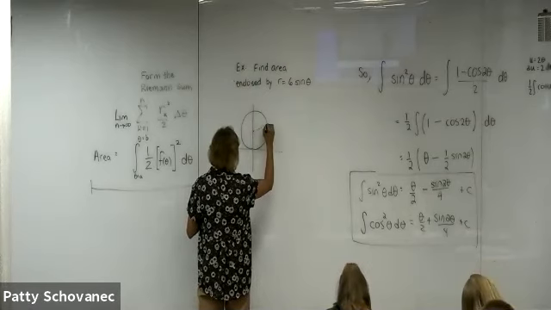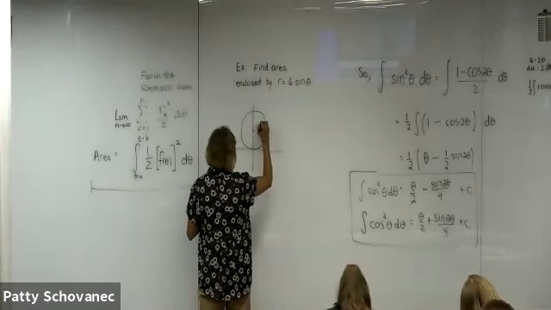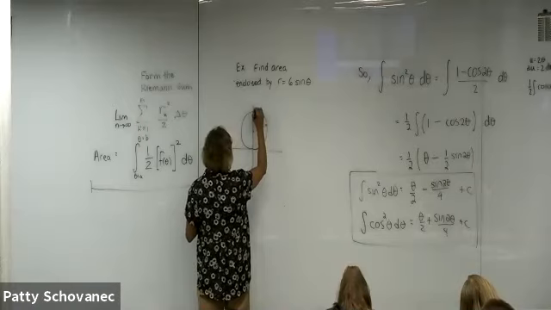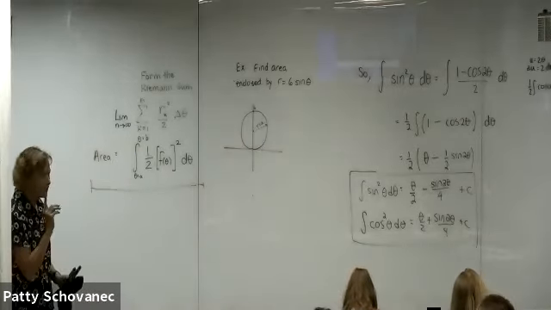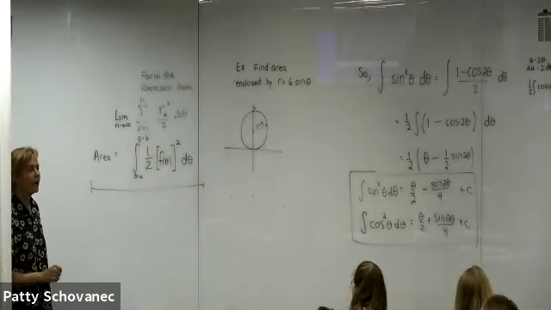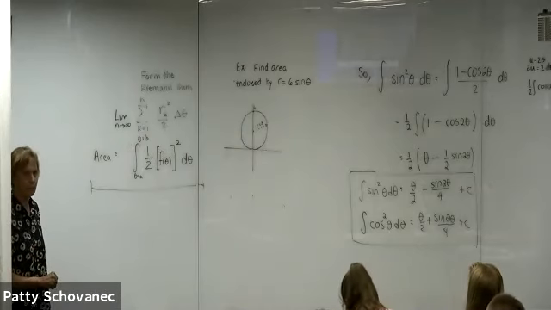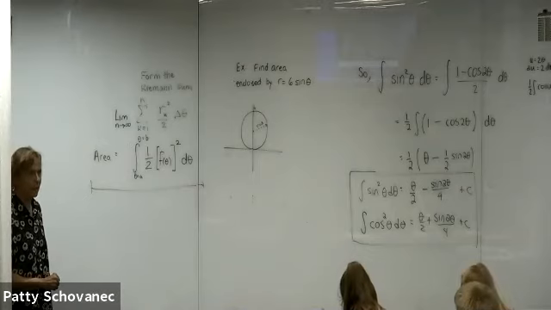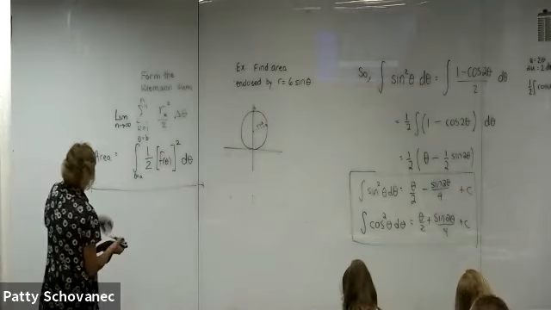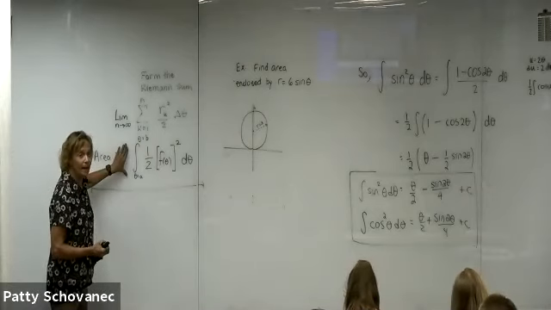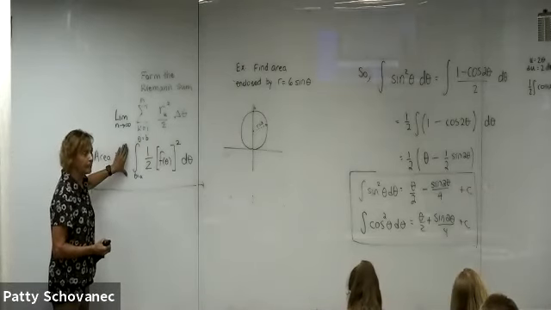Radius is 3. Diameter is equal to 6. Without using calculus, what is the area of a circle of radius 3? 9 pi. 9 pi, pi r squared. So we know before we start, our answer using this formula is 9 pi. Okay?